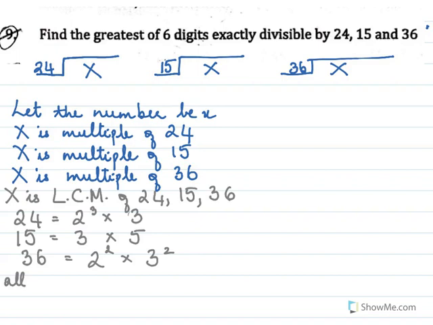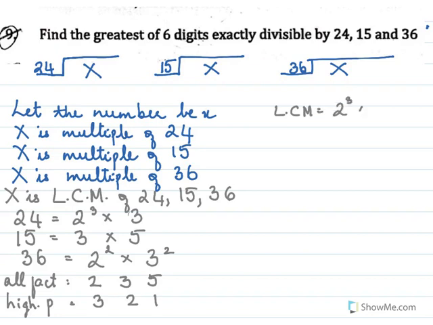For LCM, we need to write all factors, and all factors will be 2, 3, and 5, and highest power. Highest power of 2 is 3, of 3 is 2, and of 5 is 1. So the LCM will be equal to 2 raised to 3, 3 raised to 2 into 5. So LCM will be 360.